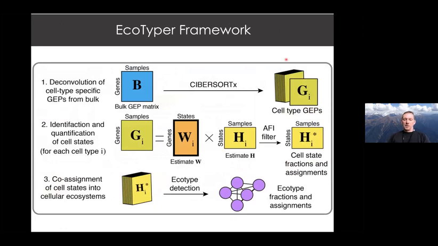So that's the last step of ecotype here. We do the deconvolution, we discover the different cell states, which is the second line here, and then we try to find if we can actually assign those cell states, or co-assign them, to what we call cellular ecosystems or ecotypes.